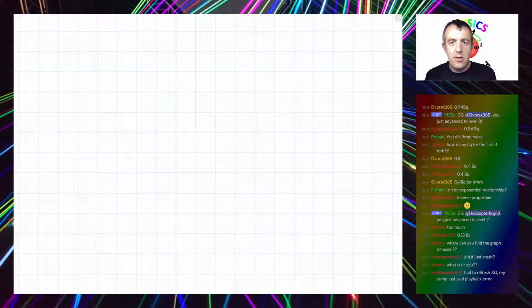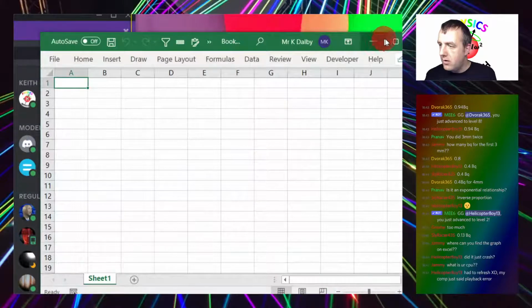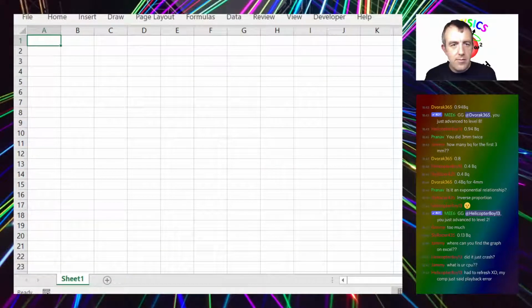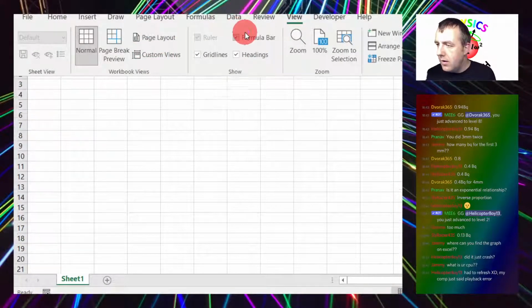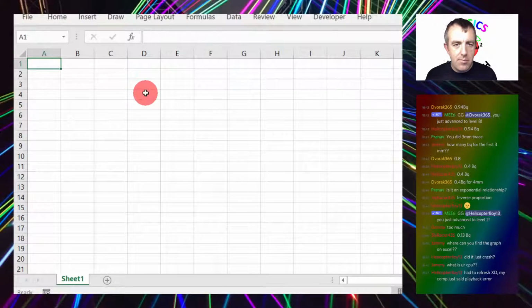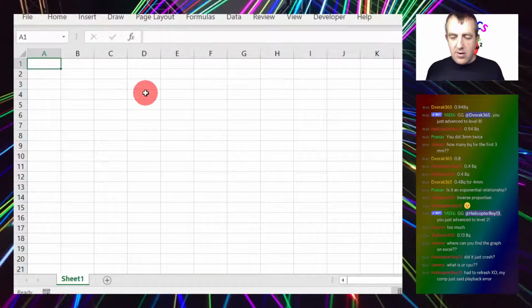Where'd it go? Let's close that down for a second. No, that'll do. And let's have the formula bar so we can all see it. Right, okay, so data.